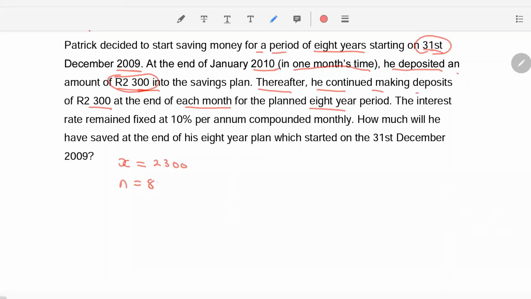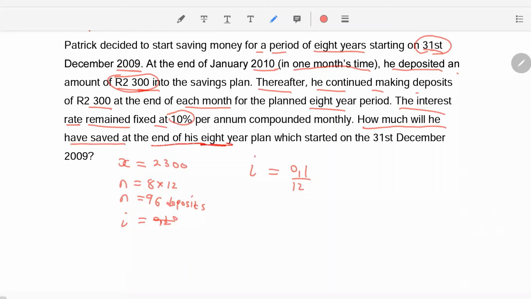That would be 8 times 12, which gives you 96 payments. The interest rate remained fixed at 10% compounded monthly. How much will he have saved at the end of his 8-year plan, which started on 31st December 2009?